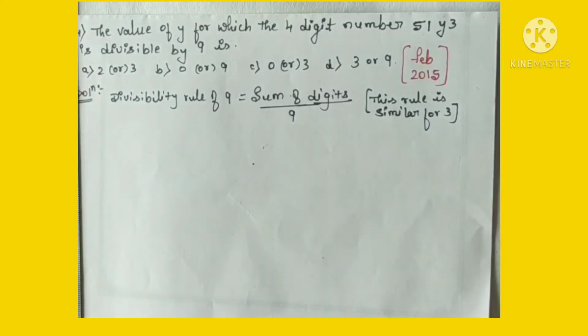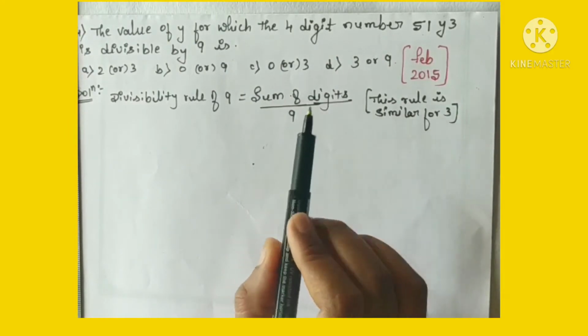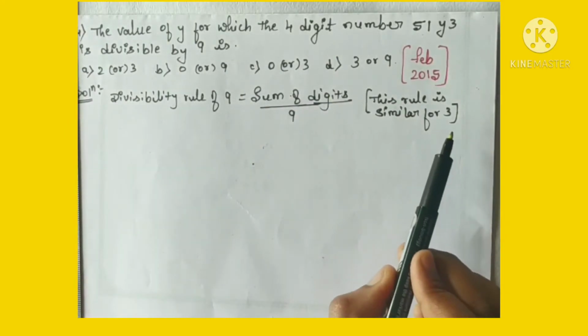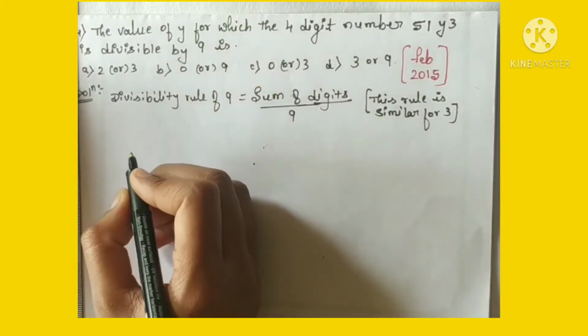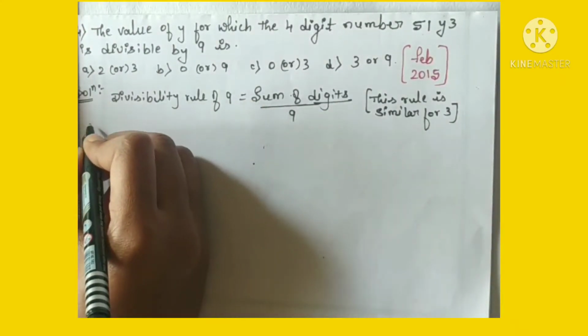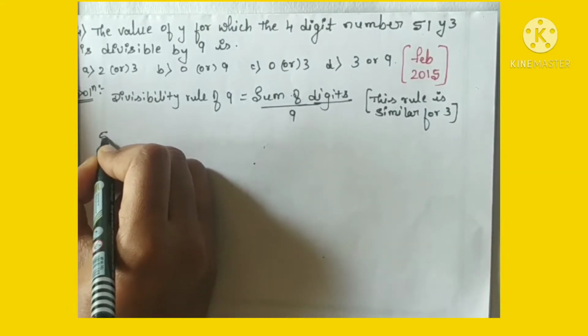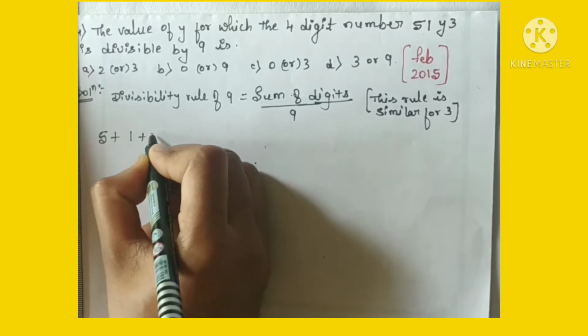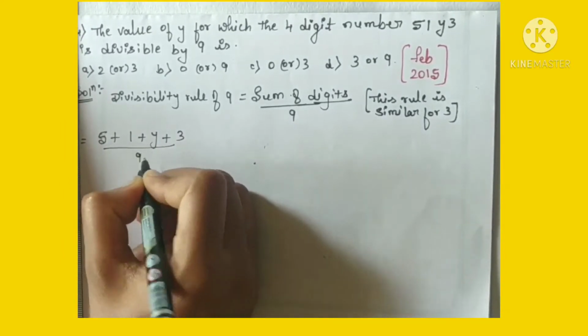For this, I just recall the divisibility rule of 9. The divisibility rule of 9 says the sum of the digits must be divisible by 9. This rule is similar for 3 also. Now I just apply this rule for this number. I take the sum of the digits, which is nothing but 5 plus 1 plus y plus 3 divided by 9.